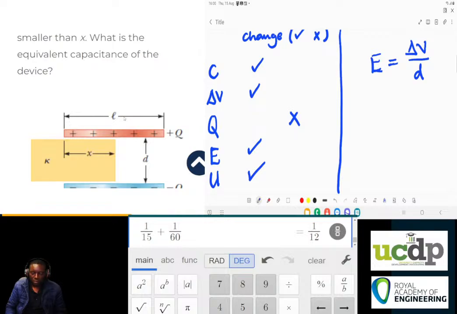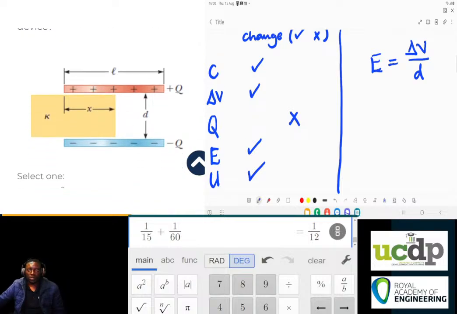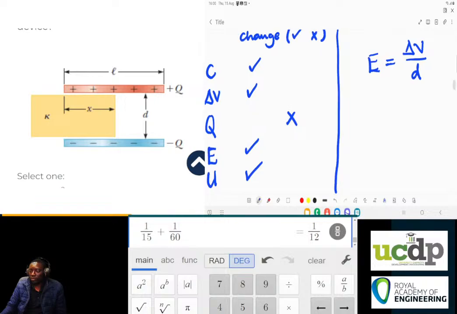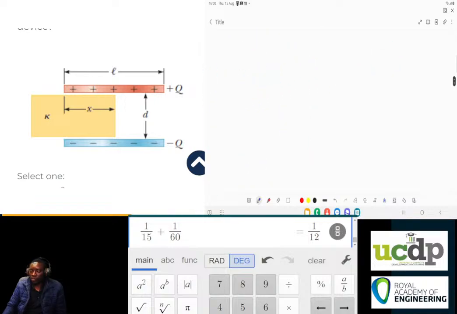Okay. So if you look at this diagram, is it possible to calculate the region where it has a dielectric and the other region that doesn't have a dielectric and add the capacitance? I think that would be proper. Why would we add the capacitance?